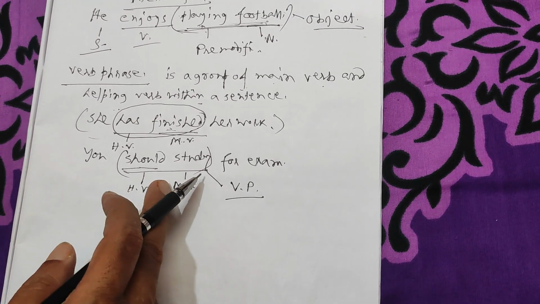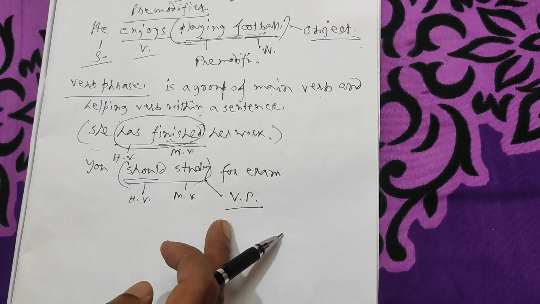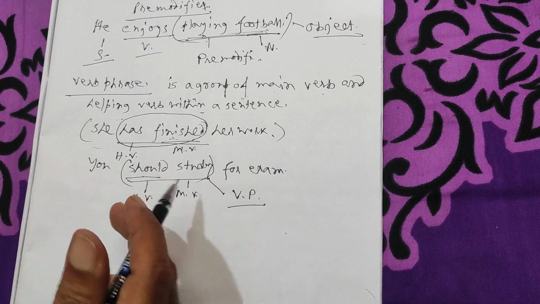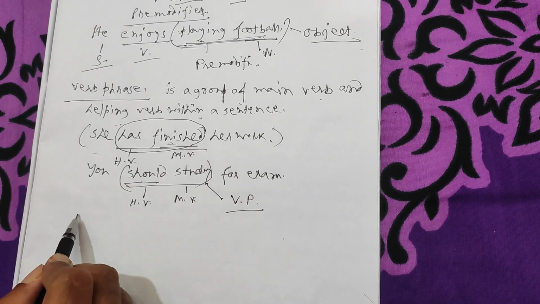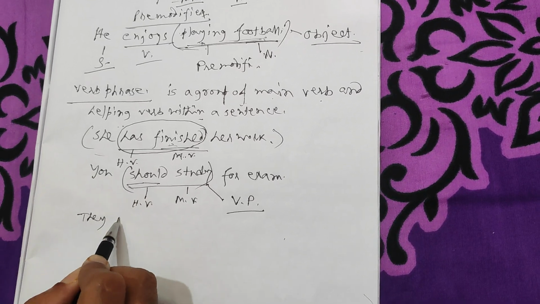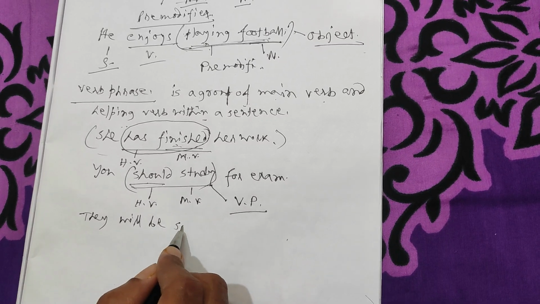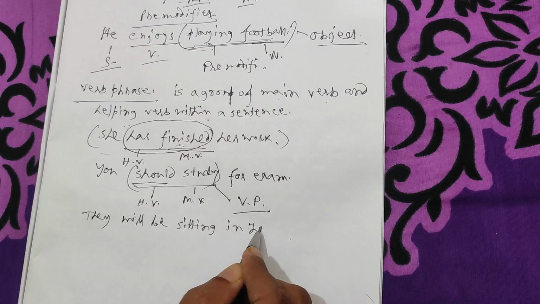Sometimes a verb phrase has three verbs: one main verb and two helping verbs. Suppose: they will be sitting in the park.